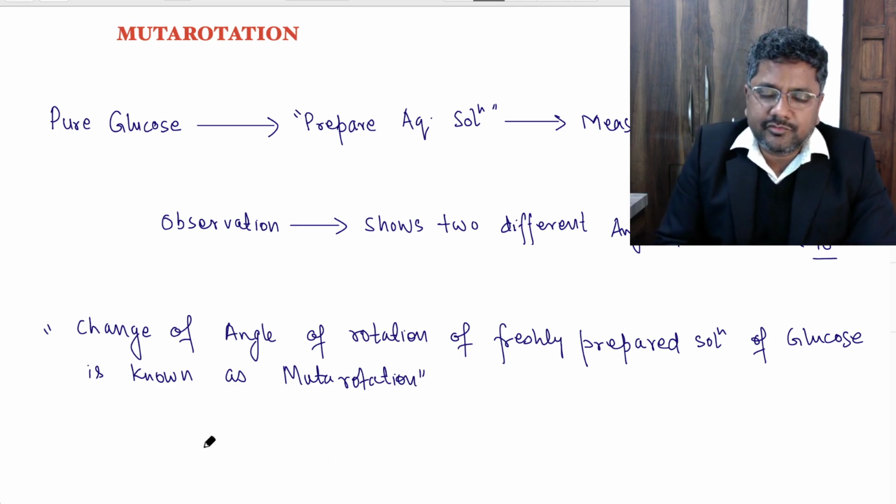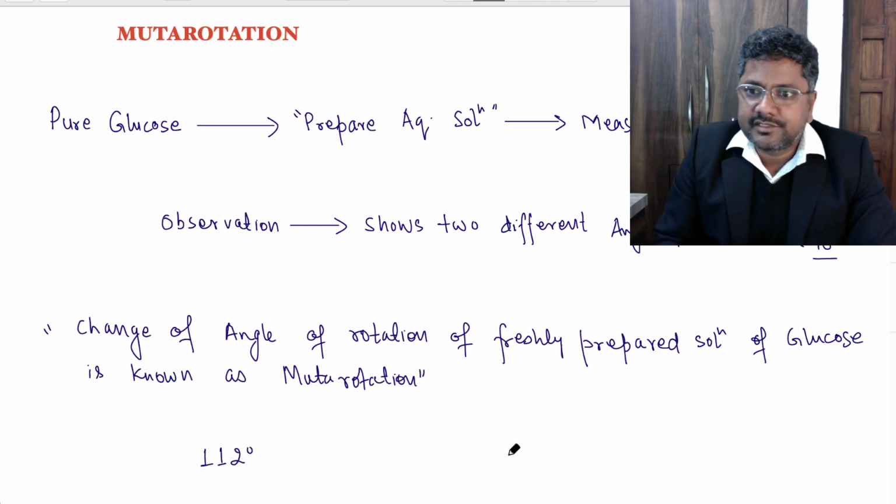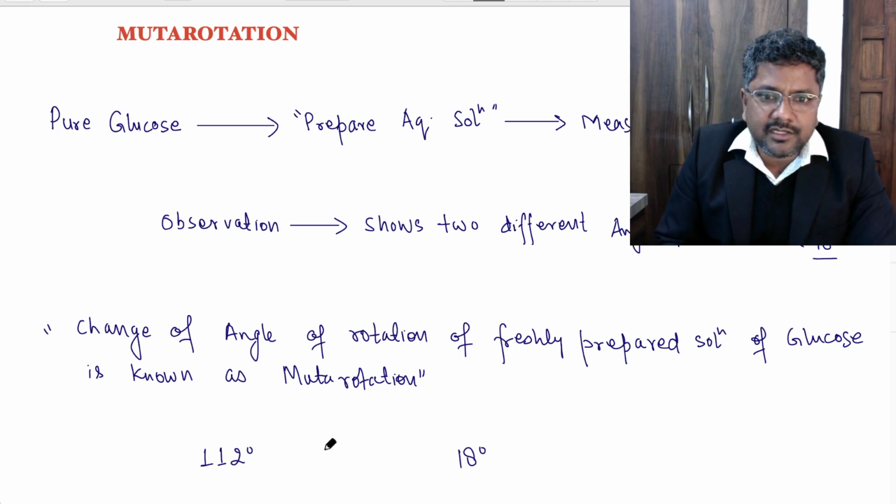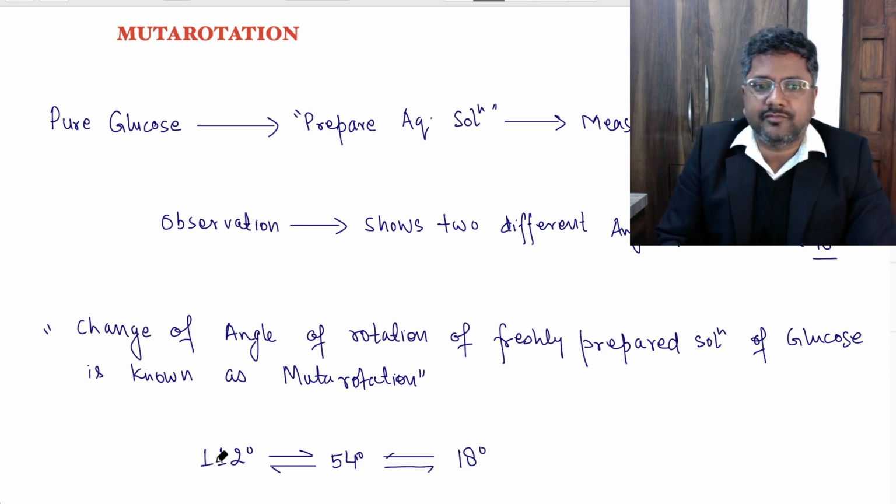So one angle of rotation is 112 degrees, the second is 18 degrees. Now this will change to 52 degrees, 54 degrees, and this also changes to 54 degrees.